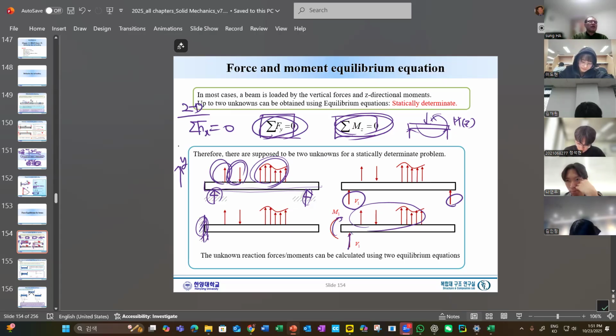Since we don't consider any X forces, this is automatically met, so we don't consider that. But y-directional and the moment, that's what we have to consider in beam theory. So these are the force and moment equilibrium equations.